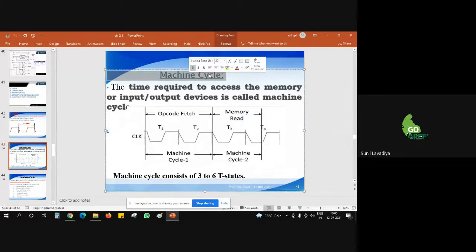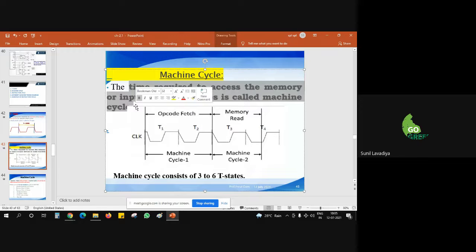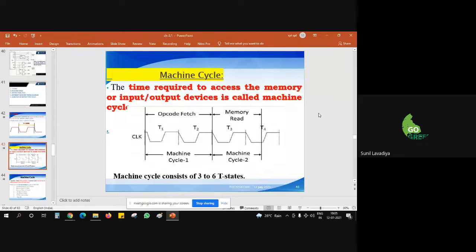Similar to that, there is one more definition called machine cycle. So what is a machine cycle? The time required to access the memory or an input-output device is called a machine cycle. Whatever time is required for accessing memory as well as input-output devices is called a machine cycle.